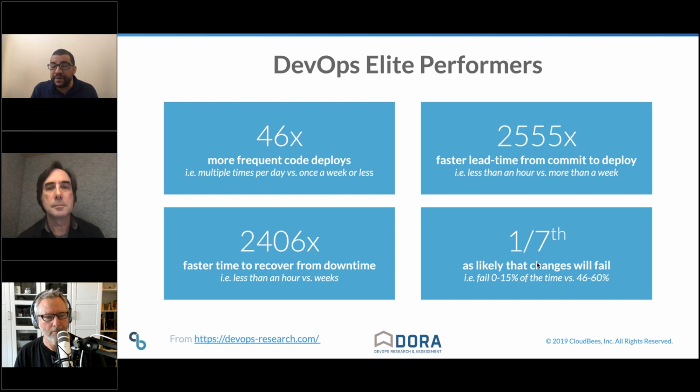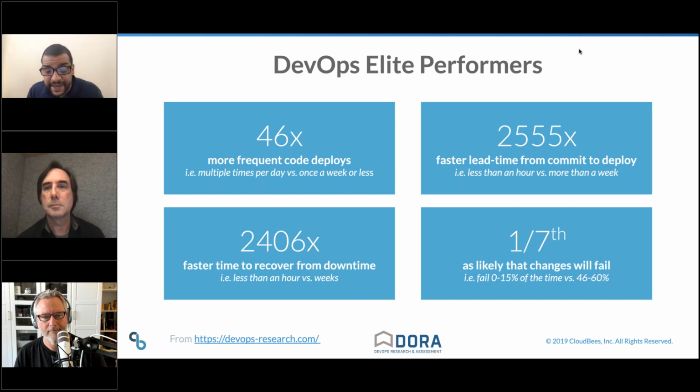Their lead time from commit to deploy is an astounding 2,550 times faster. They are 1/7 less likely to have changes fail. And if they do, which will happen, they can recover 2,406 times faster. They're outstanding and impressive numbers that our elite performers are seeing, and targets that we should all strive for.